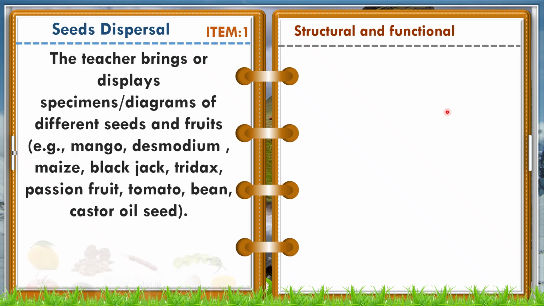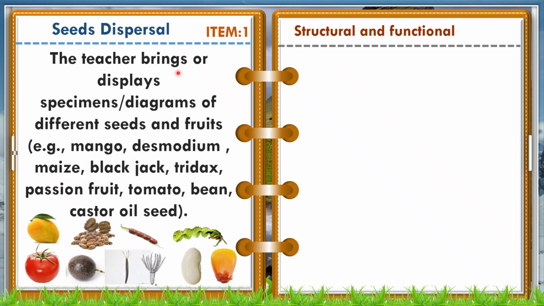Seed dispersal. Item 1: structure and function. The teacher brings or displays specimens, stroke diagrams of different seeds and fruits, for example, mango, desmodium, maize, blackjack, passion fruit, tomato, bean, castor oil seed.